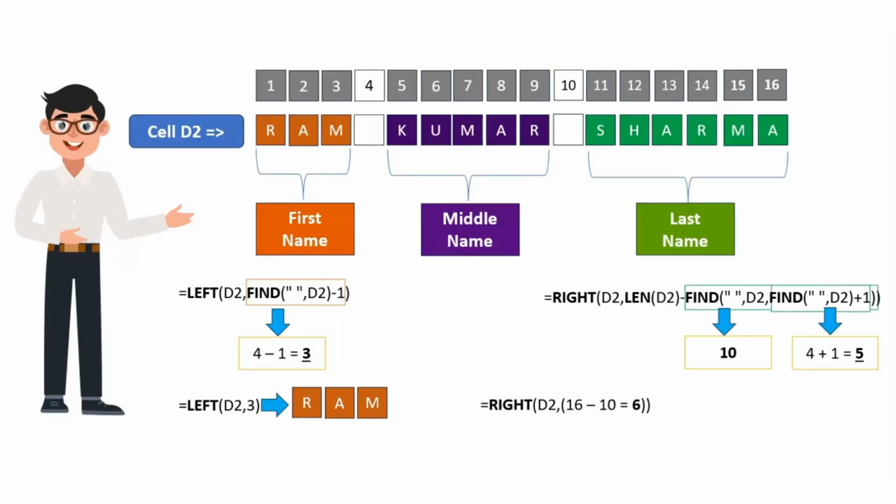Subtracting 10 from the length of the customer name, which is 16 as shown here, we will get the right function with the second argument as 6. This 6 signifies the 6 characters that will be extracted from the end of the customer name, which is Sharma in our case.